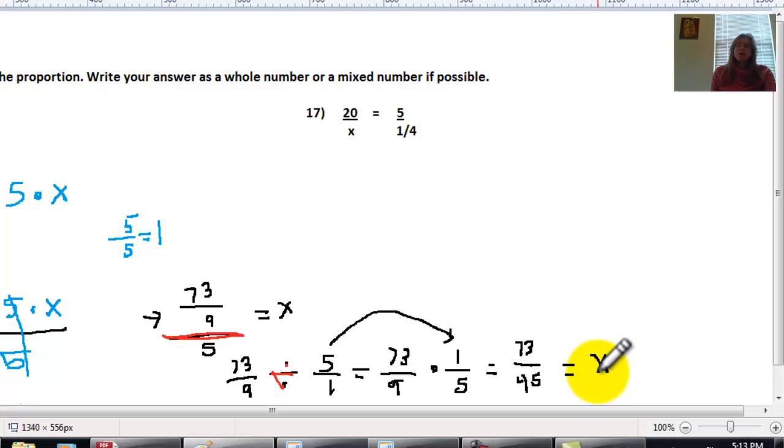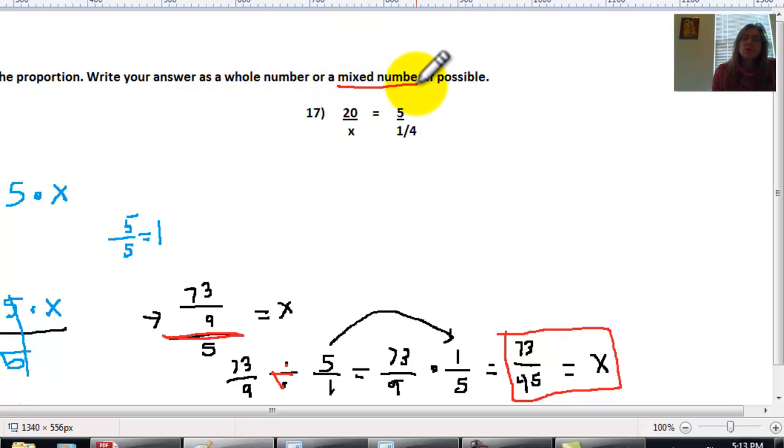Now, what the directions are asking you to do, we're not done with it yet, but I will circle so you know where we are at least. It says a whole number or a mixed number. So we need to take this improper fraction and change it into a mixed number. And what that means is you divide.